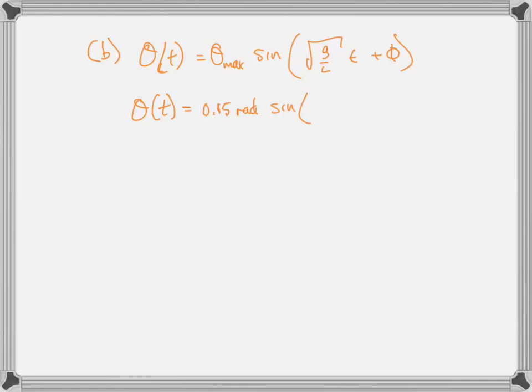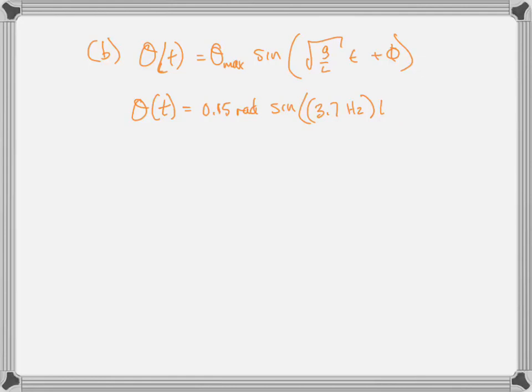The square root of 9.8 divided by 0.7 equals 3.74. Let's just do two significant digits, 3.7 hertz times t plus 0. So that is the equation of motion with units.